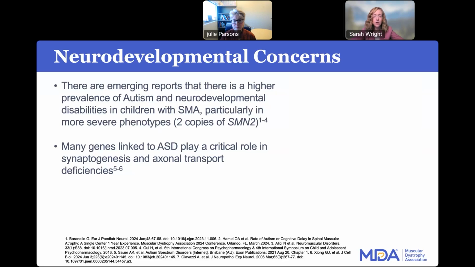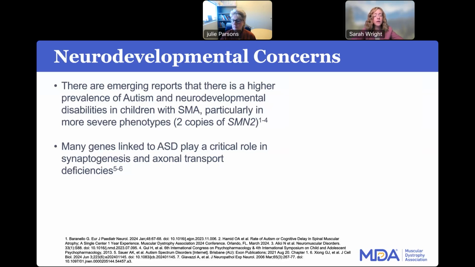And it's interesting to note that, although we think of SMN as being mostly in the motor neurons, it's actually ubiquitously expressed throughout the body, and then it's also expressed within the brain. And there's been some lovely studies that have demonstrated that the SMN protein is actually important for synaptogenesis. So for the creation of those connections from our neurons within the central nervous system and in the developing pyramidal neurons.